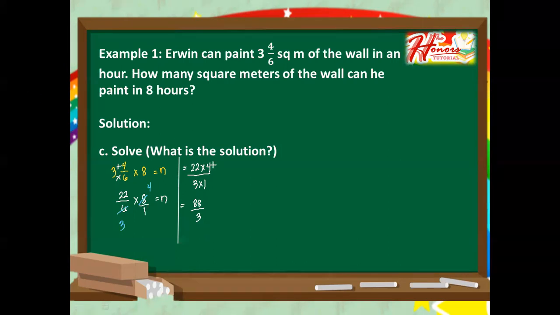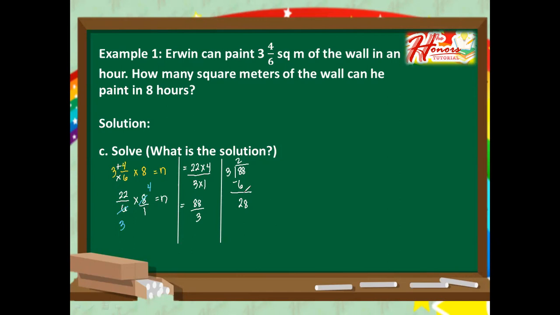So therefore you have to divide 88 and 3 to change this. So that is 88 divided by 3. 8 divided by 3 is 2. 2 times 3, that is 6. 8 minus 6 is 2. Bring down 8. And then let's divide.